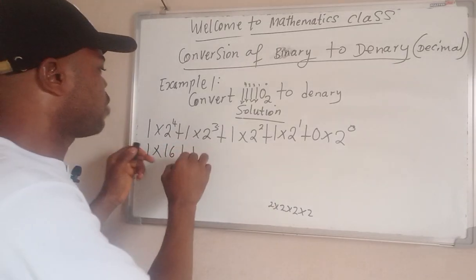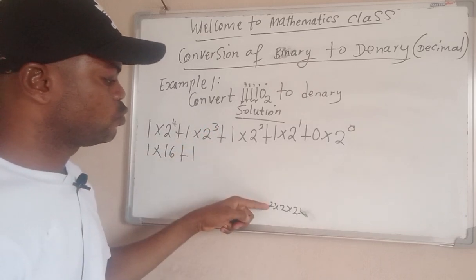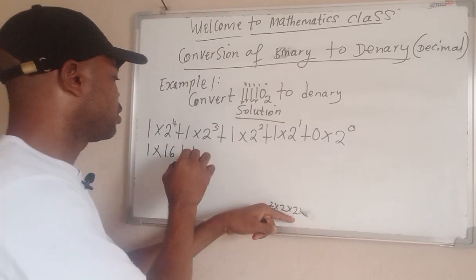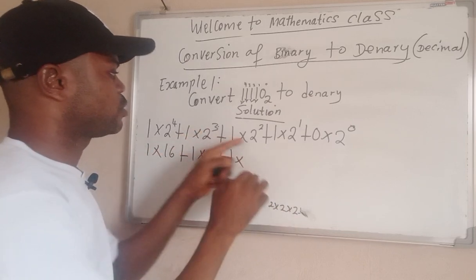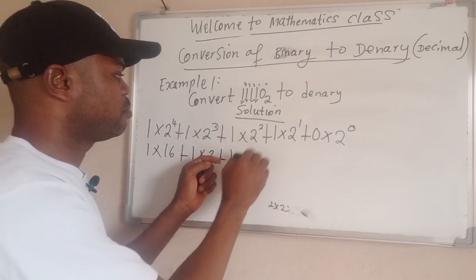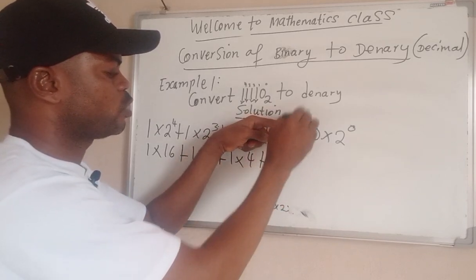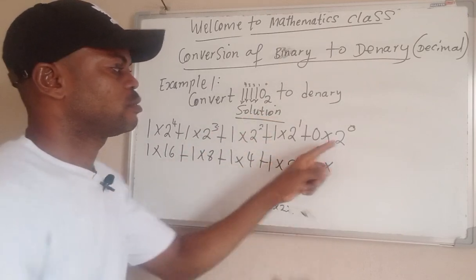Plus 1, do the same thing. 2 raised to power 3 means 2 into 3 places, which is 2 times 2 times 2 gives you 8. So 1 times 8, plus 1 times 2 raised to power 2, which is 4. So I'm going to write 4 here, plus 1 here. Bring down the 1 times 2 raised to power 1, which is 2, plus 0 times.